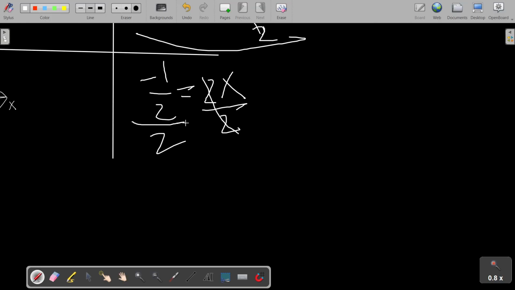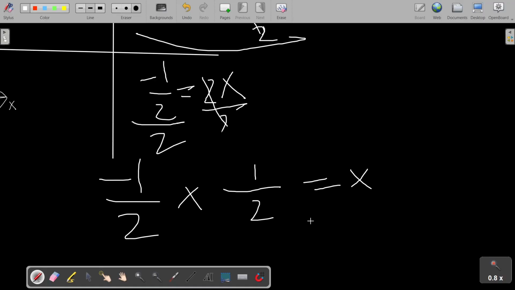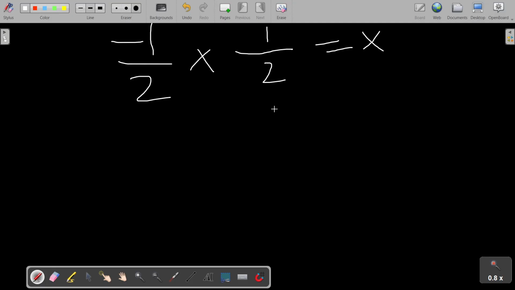Now what will happen? We simply divide, so you can write 1 by 2 into minus 1 by 2. So 2 times 2 becomes 4, and we get x as negative 1 by 4.